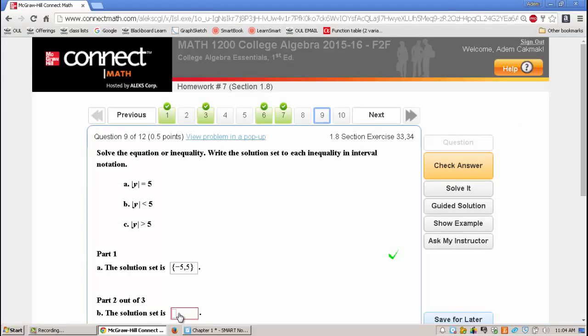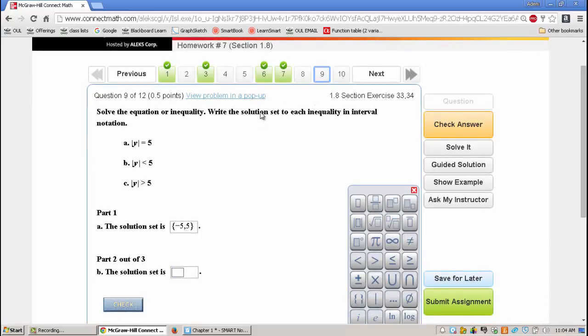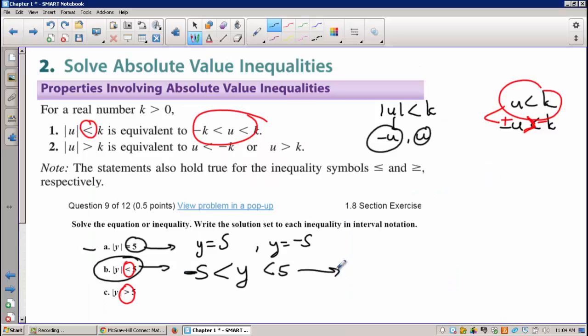Alright. For this one, it says write the solution set in interval notation. This is easy to miss. It says in interval notation on the top, so we need to turn this into interval notation. How can I write the numbers more than minus 5, less than 5? If you want to plot, this is the region.